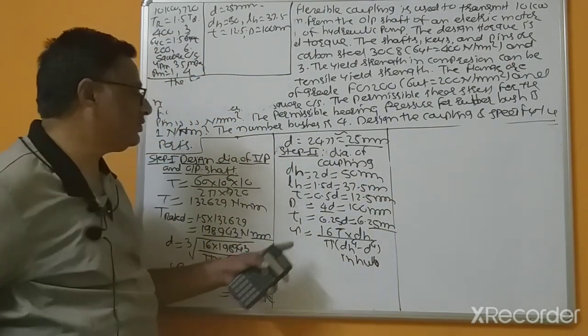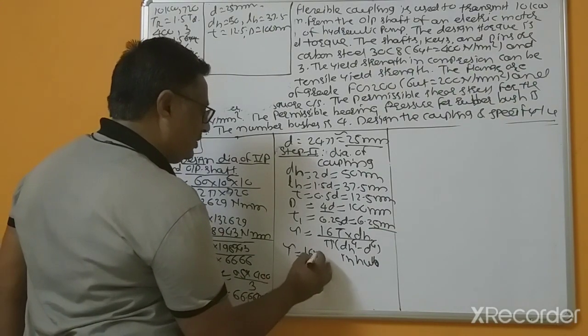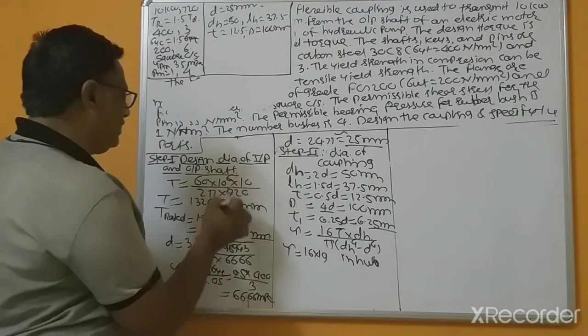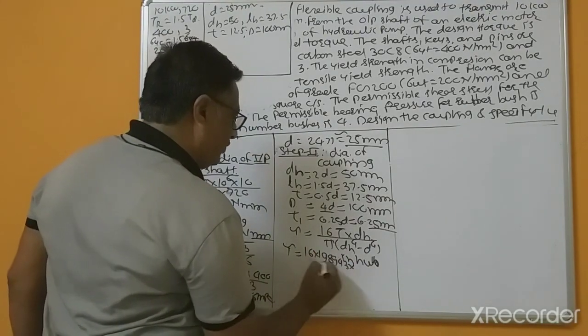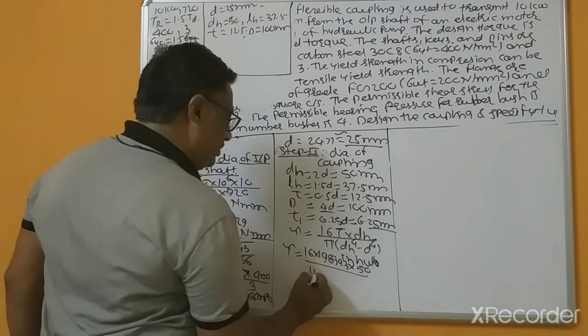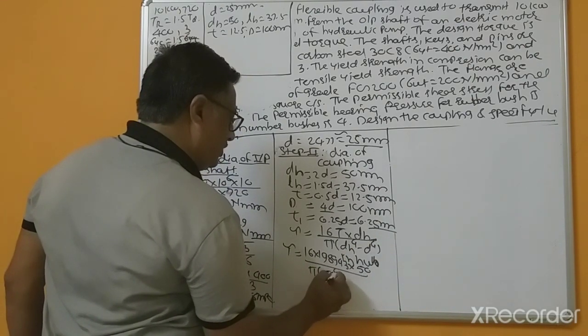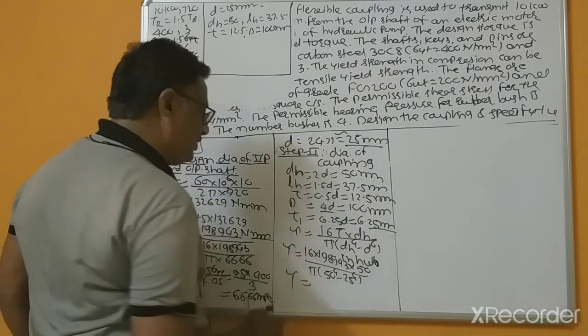I forgot to write here 198,943. Diameter of the hub, this is 50 raised to 4, 25 raised to 4, and this is calculated.